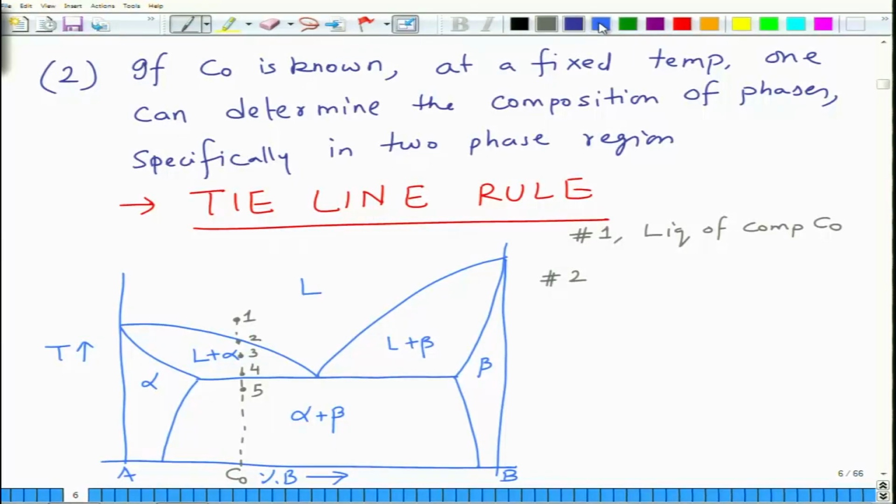In this case, what you do is that you draw a horizontal line, parallel to the composition axis at that particular temperature. So let's say 0.2 represents a temperature T2. In that case, you can see that you have number of phases 2, which means you have liquid plus alpha. You have liquid and alpha, two phases. The question is, what is the composition of liquid?